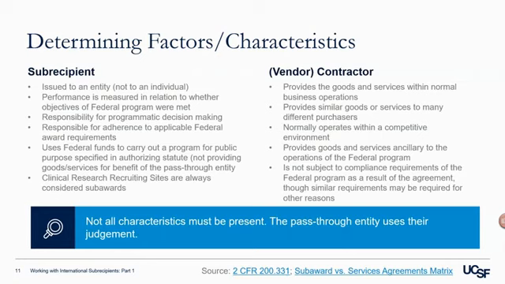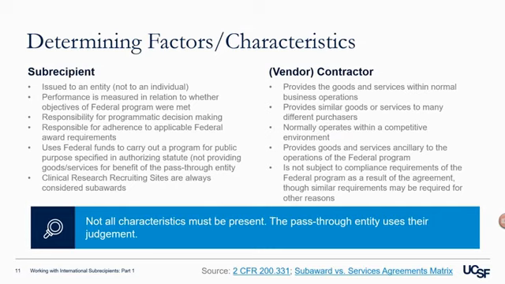A subrecipient is an entity, not an individual, has performance measured in relation to whether objectives of a federal program are met, has responsibility for programmatic decision-making, is responsible for adherence to applicable federal program requirements specified in the federal award, uses federal funds to carry out a program for a public purpose that is specified in the authorizing statute, as opposed to providing goods or services for the benefit of the pass-through entity.